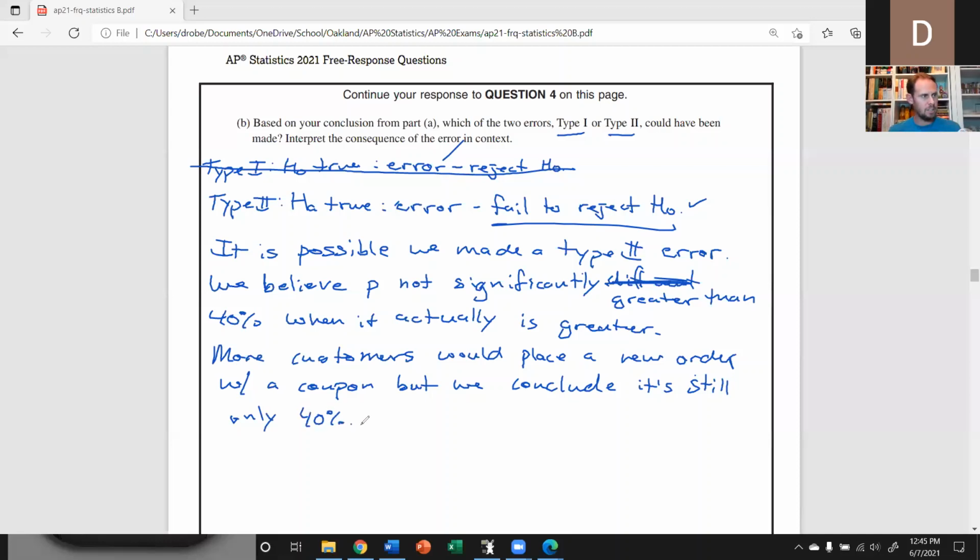I mean, maybe that would lead us to send out more coupons, but we didn't send out more coupons because only 40% were using them. I don't know, but that's it in context.